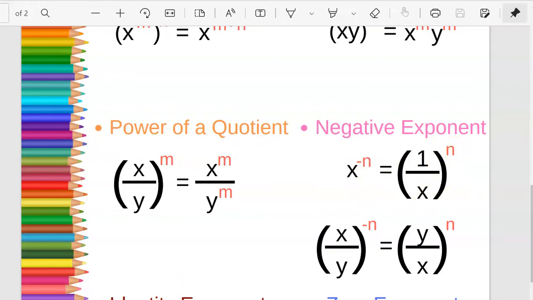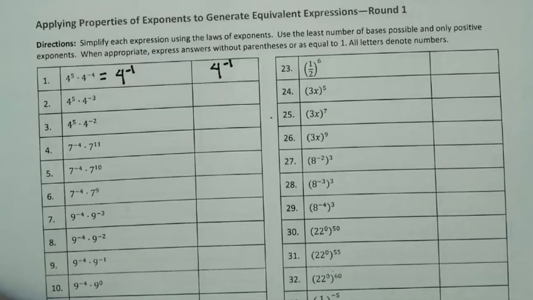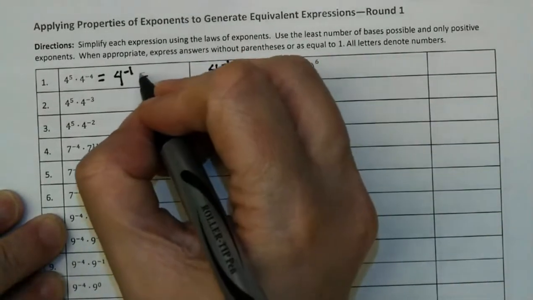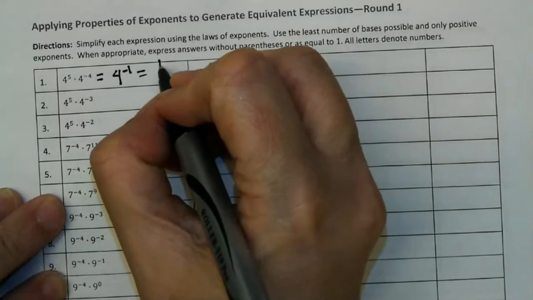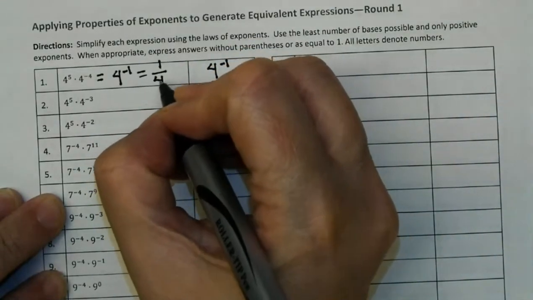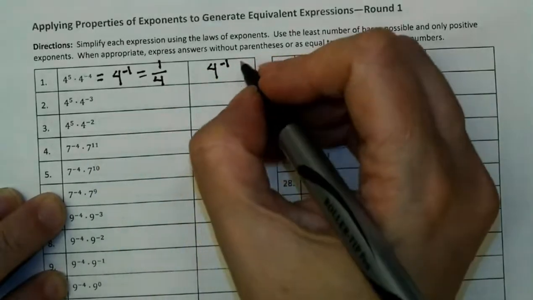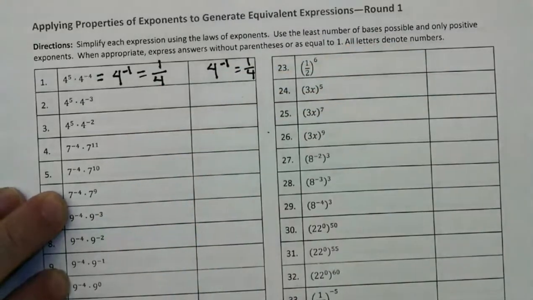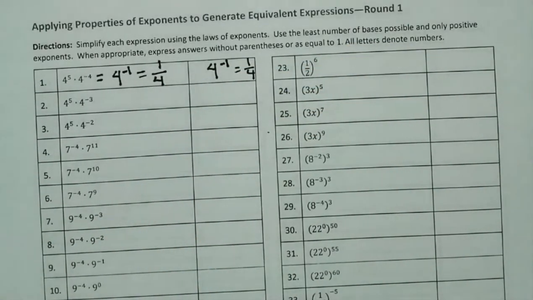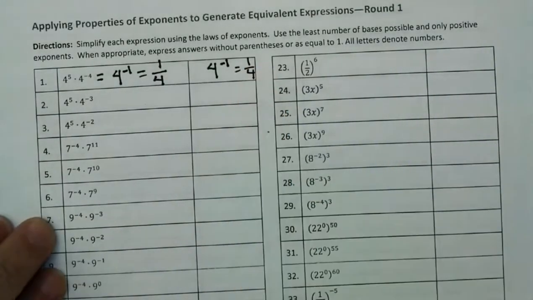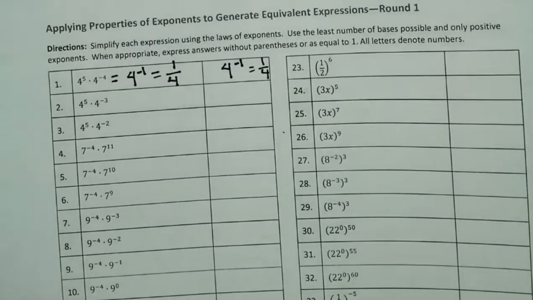So I could also write this as 1 over 4 to the first power, and 4 to the first power is just 4. So I could also write this as 1/4. It's up to you which one you choose to write, 4 to the -1st power, or just 1/4. That's using all of our rules there.